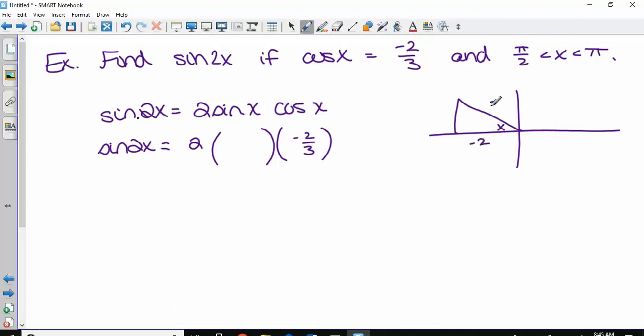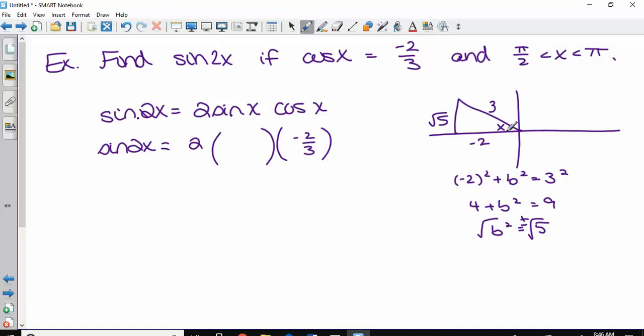Cosine is adjacent over hypotenuse. So then we can do our Pythagorean theorem. So to get b by itself, we do square root plus and minus, but which one would it be, positive or negative?